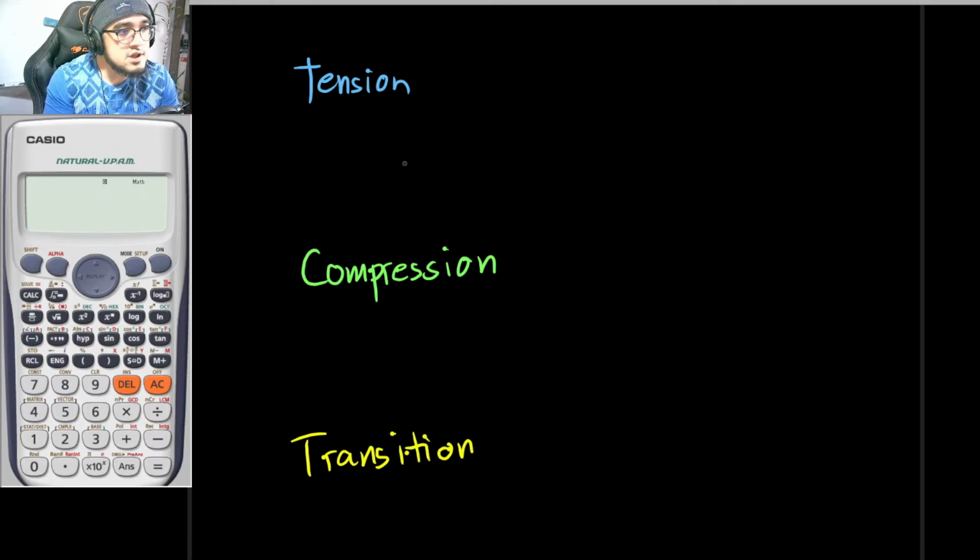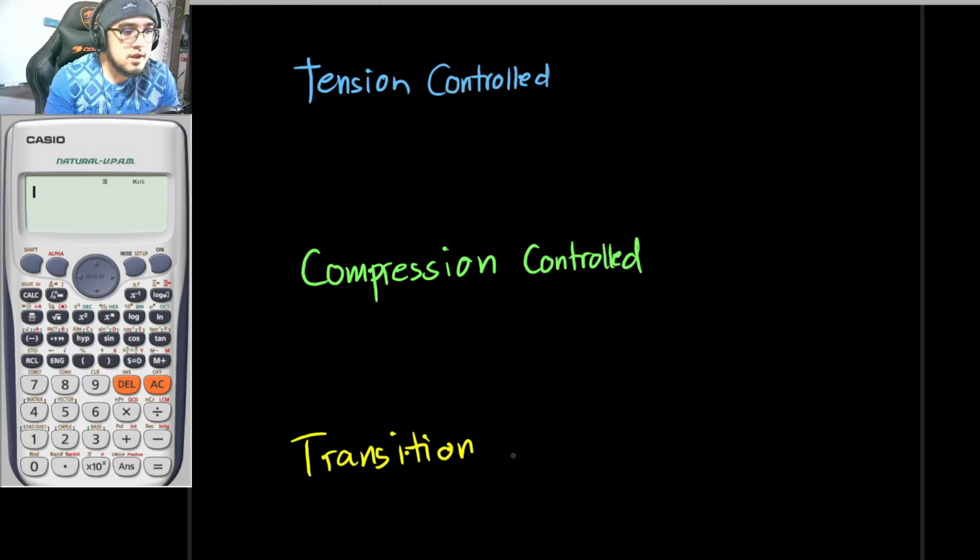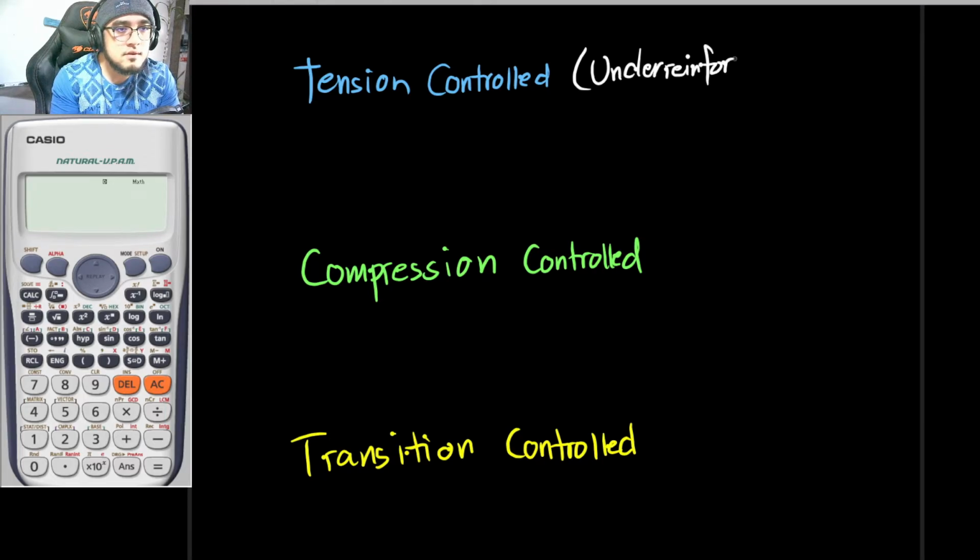For your tension controlled, guys, take note, they are all controls. For your tension control, this is otherwise known as under reinforced. And for your compression control, this is otherwise known as over reinforced.